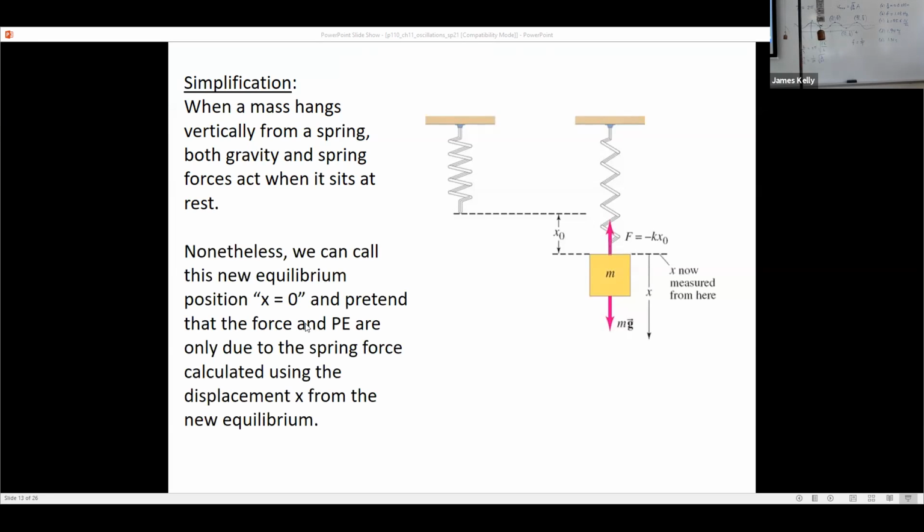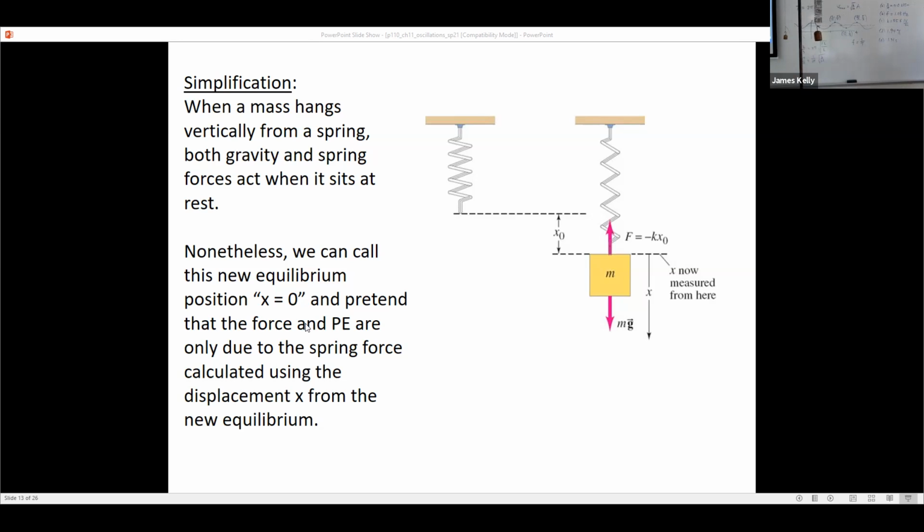Nonetheless, you can show that you can pretend that this new position, where the spring and gravity balance each other, is x equals 0. It's not the x equals 0 we were using before, but let's now call that x equals 0 and measure x positions from that new equilibrium position, which is a balance between gravity and spring.